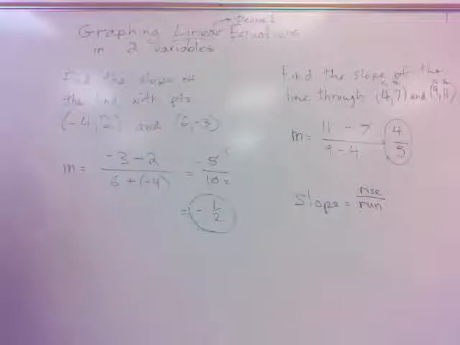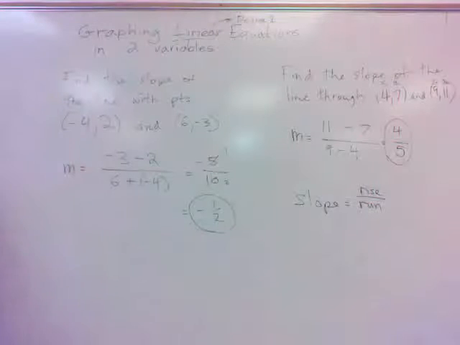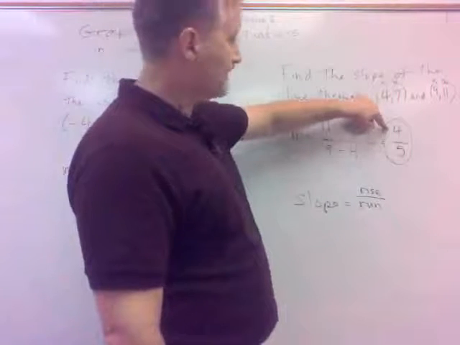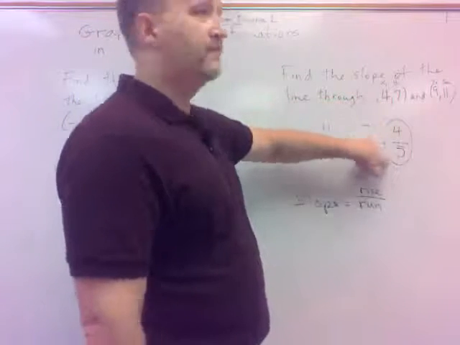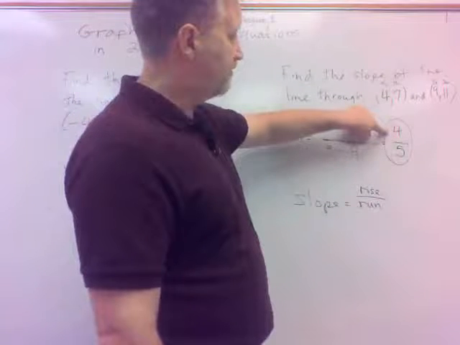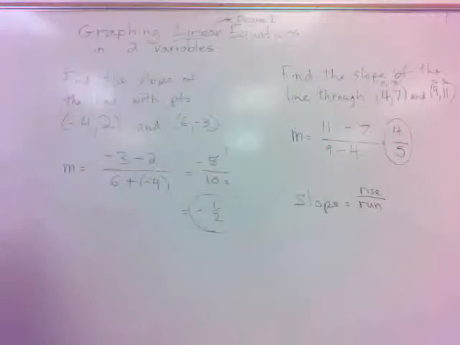It's a ratio of the rise, how much from point to point you rise, to how much from point to point you run. And this is a good example here. This one says I rise 4 for every 5 I run. So from point to point, we rise 4 and run 5, or some equivalent ratio.